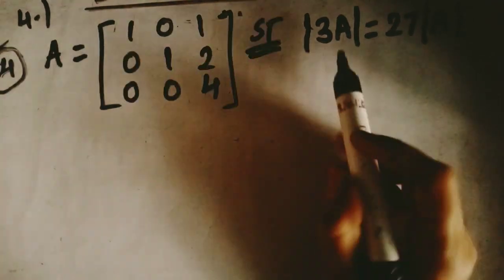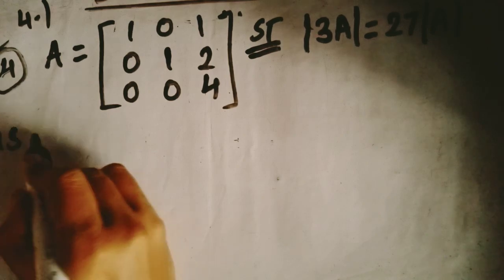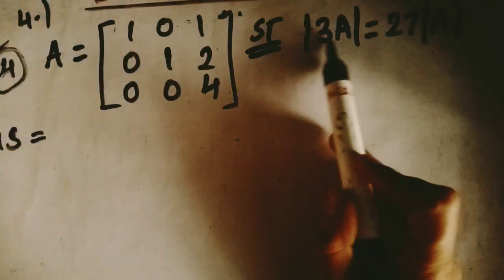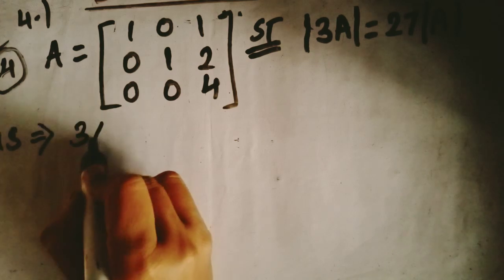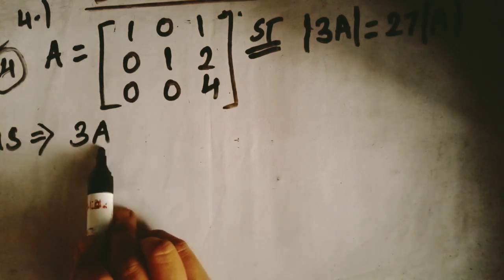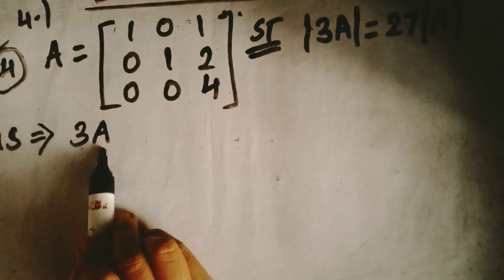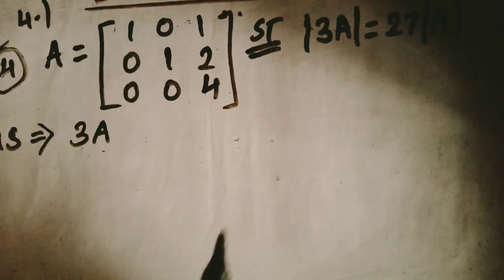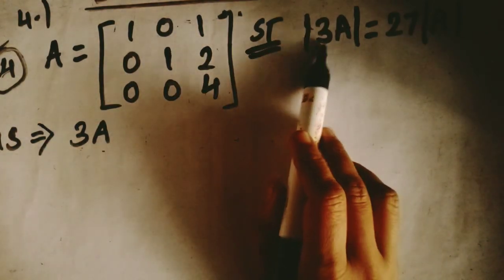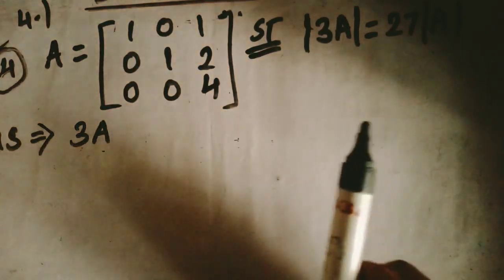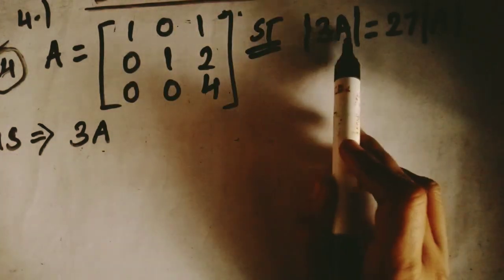Now we'll start from LHS. Okay, so first you have to find 3 into A, that is you have to multiply this scalar to matrix A first, and then you have to find the determinant. Remember this, that after finding out determinant, you can't multiply that 3 to that determinant, okay, because it is inside.